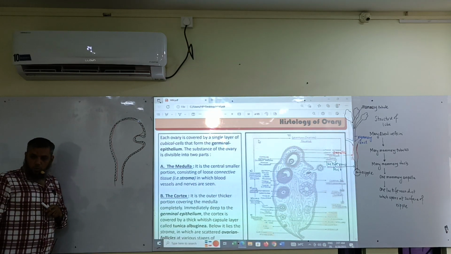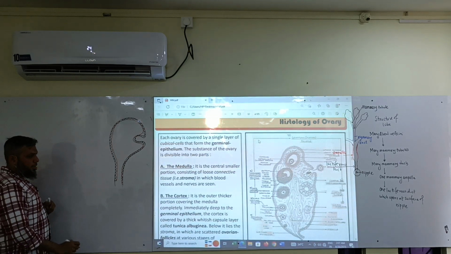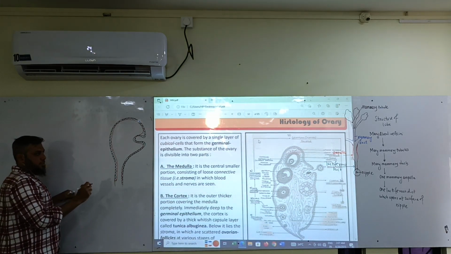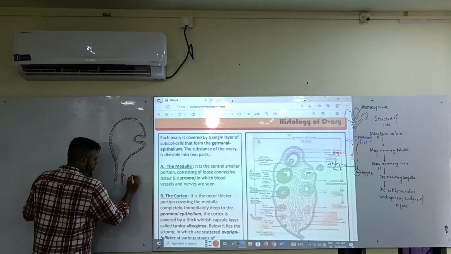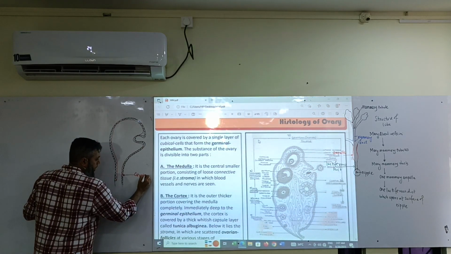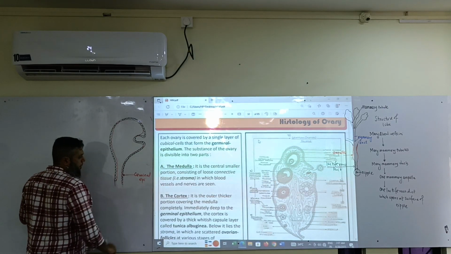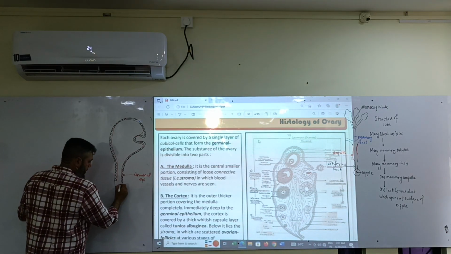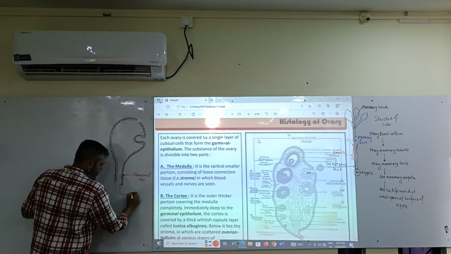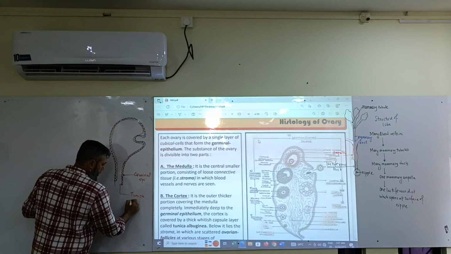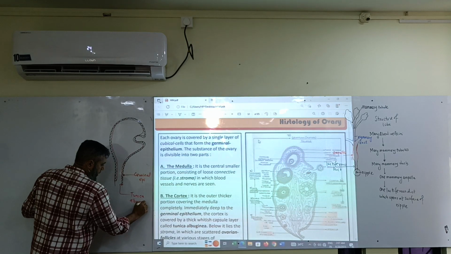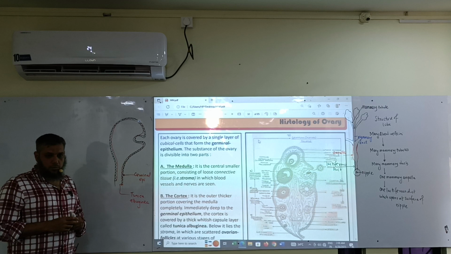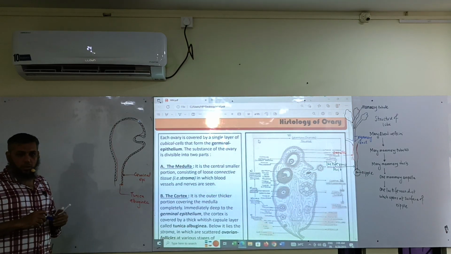The transverse section of the ovary shows a single layer of cells, which is called the germinal epithelium. Okay, and the connective tissue is called the tunica albuginea. Got it?